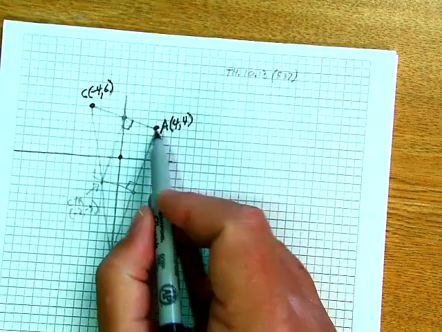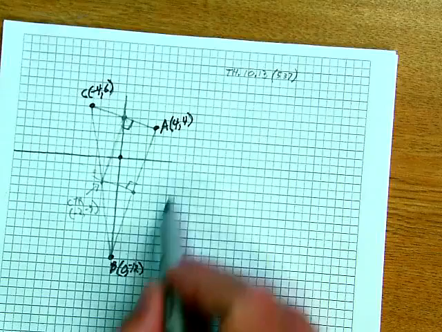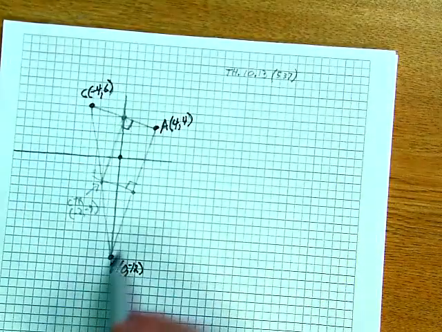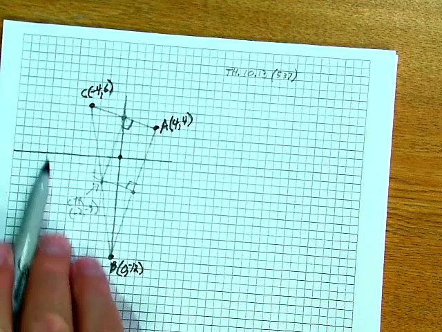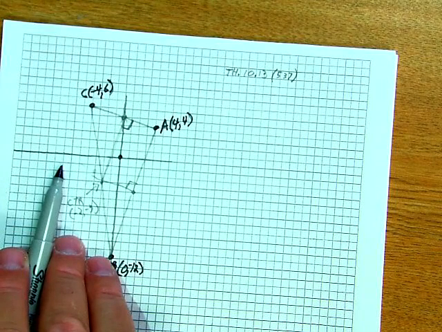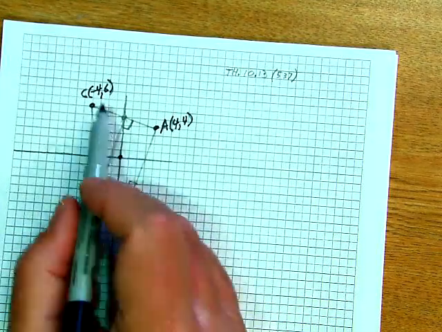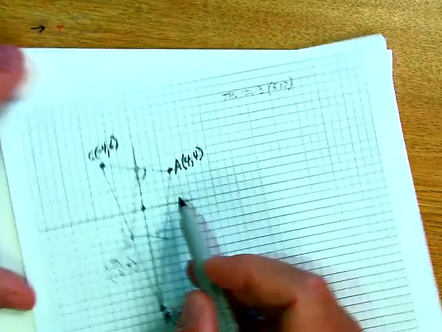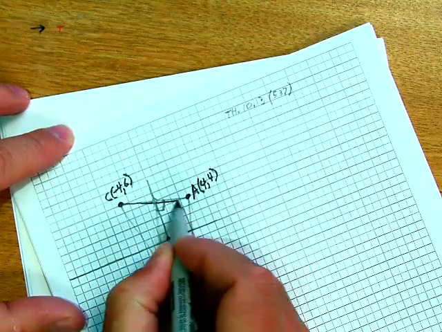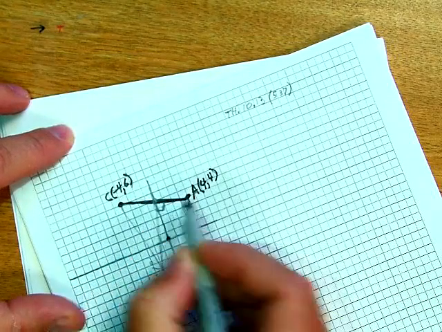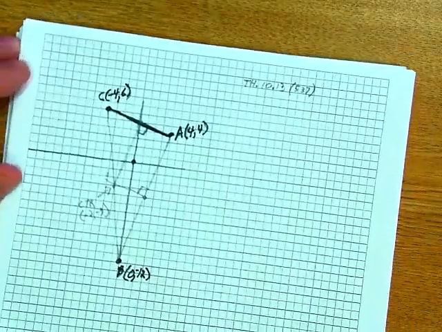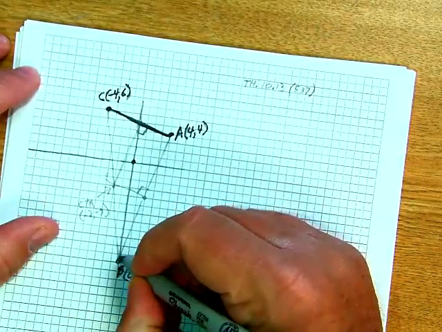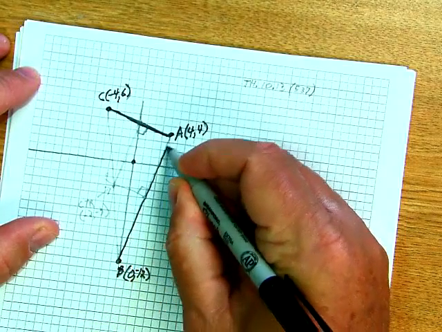Well, if these 3 points are on a circle, then I know that my center point is somewhere in this area over here. The first thing I need to realize is that if this is on the circle and this is on the circle, the line between them is a chord of the circle. And this point is also on the circle, so that is a chord of the circle too. Why did I pick those two?